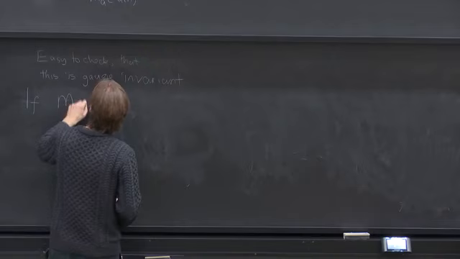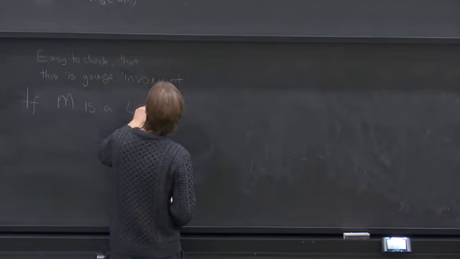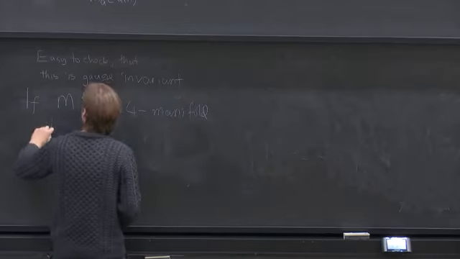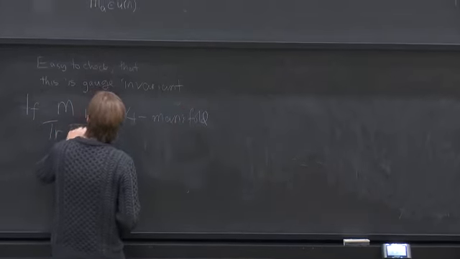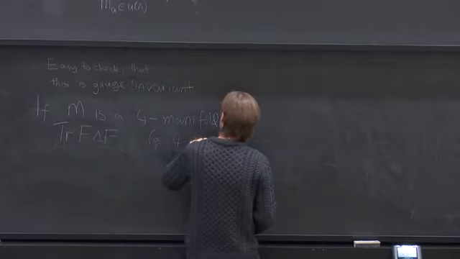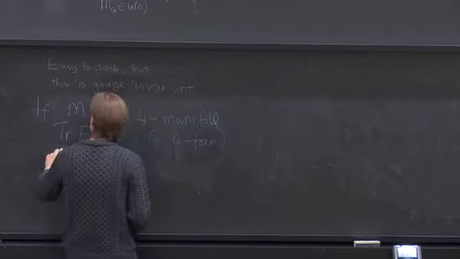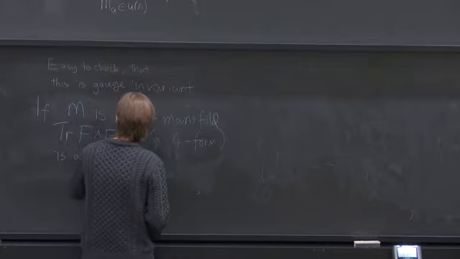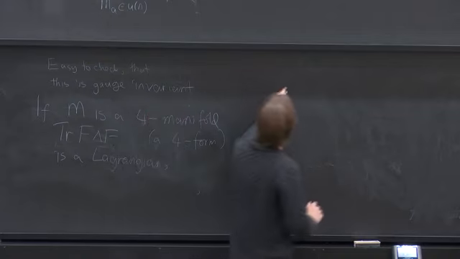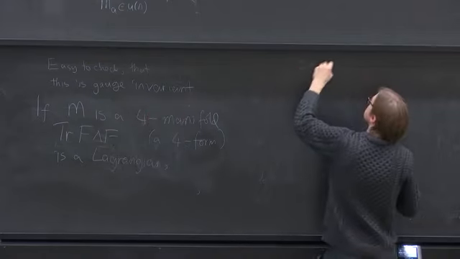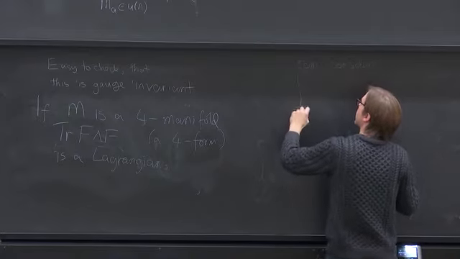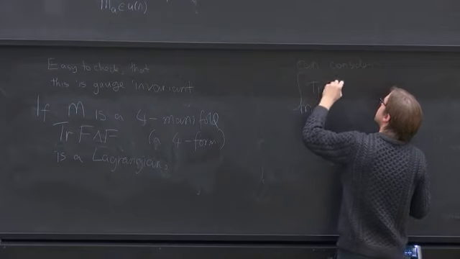So if M is a 4-manifold, then trace f wedge f, which is a 4-form, is a Lagrangian. And we can consider the integral over M of trace f wedge f.